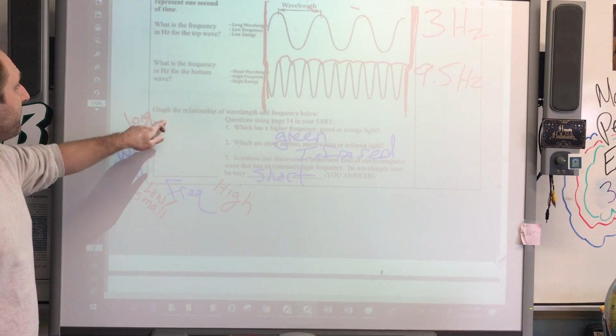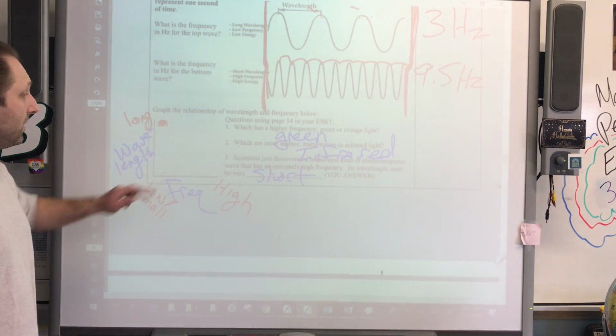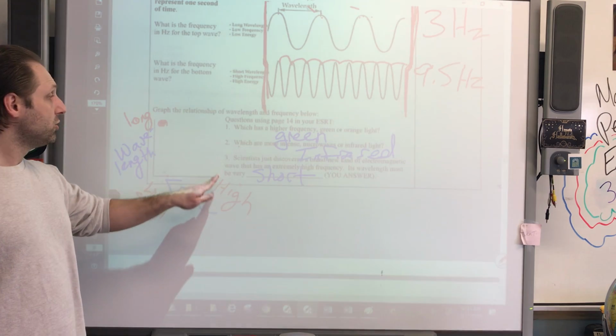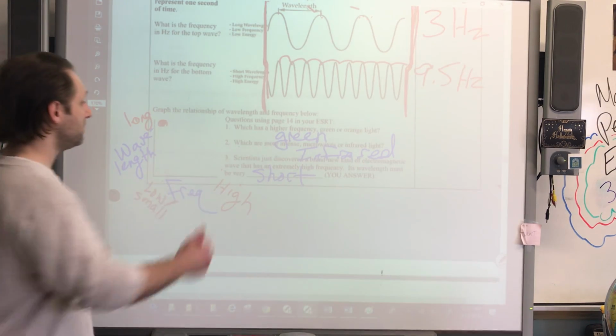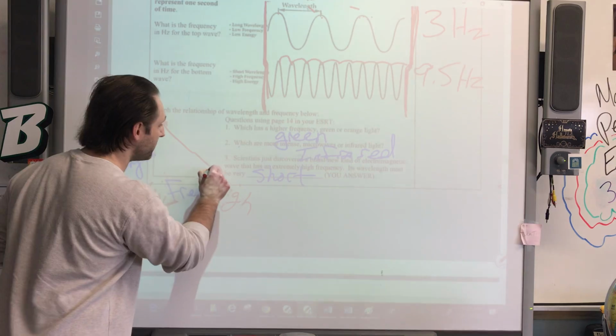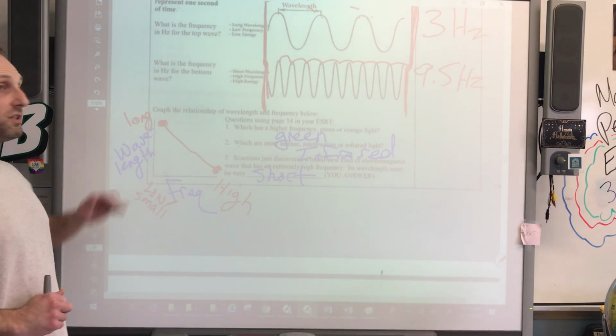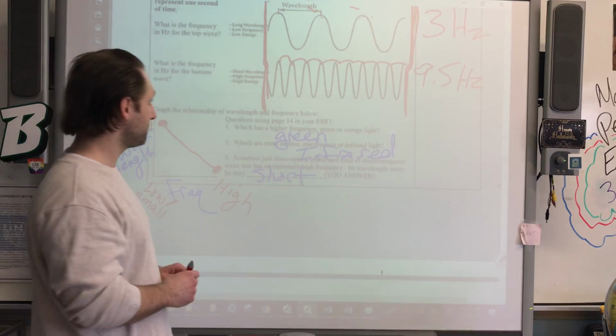So long wavelength, low frequency. High frequency, short, small wavelength. So this is the general relationship trend line for frequency versus wavelength. Okay.